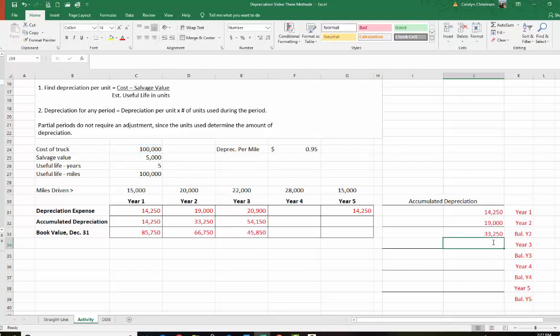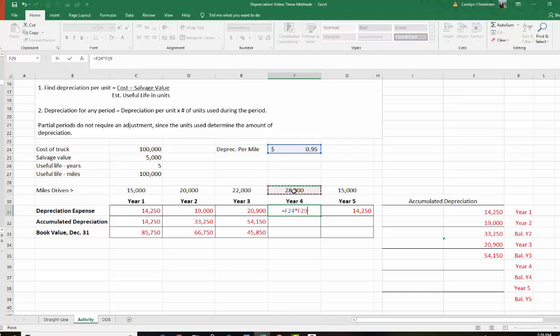I'm going to put our expense over here for each year. And then our last depreciation calculation, again, 95 cents, this time times 28,000. Our accumulated depreciation, last year's plus this year, and our book value.